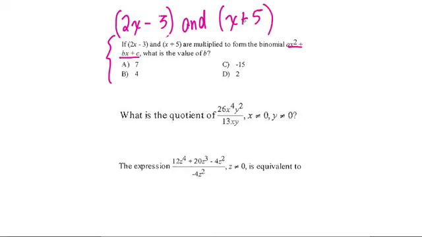Well, they're saying if these two things are multiplied, what will the answer look like, first of all, and secondly, what is the value of the b term?